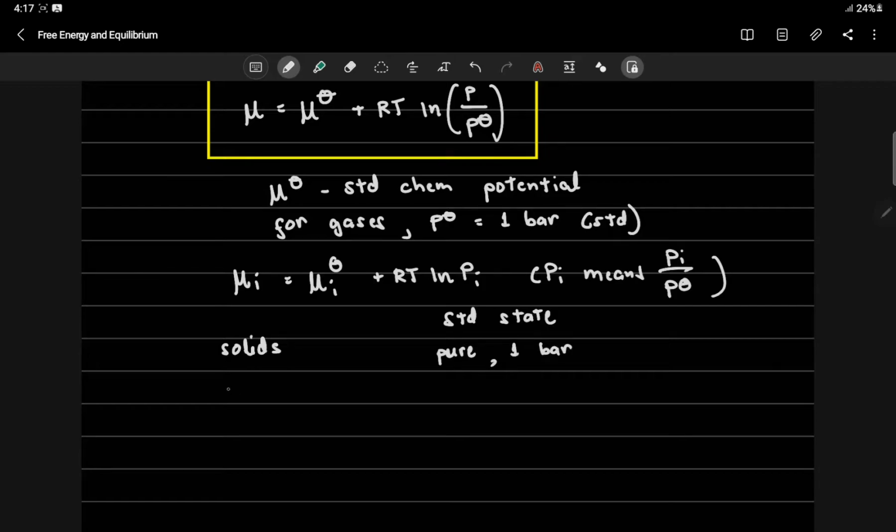Okay, for liquids, ganun din. Dapat pure liquid and the pressure should be 1 bar. For gases, na discuss na natin kanina lang, dapat pure yung gas and 1 bar din yung ating pressure.